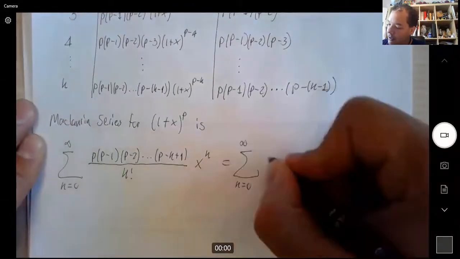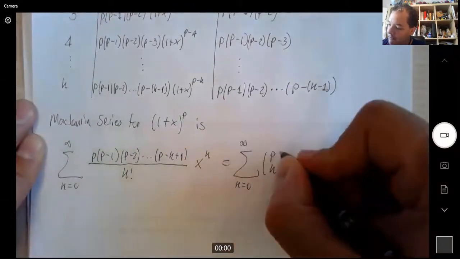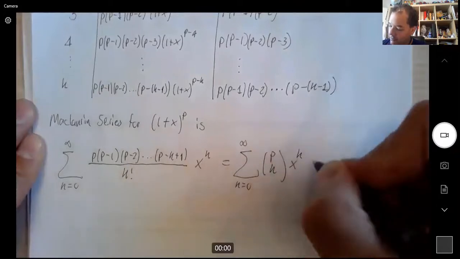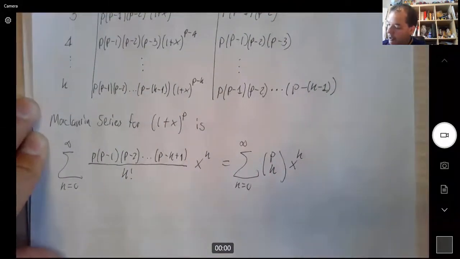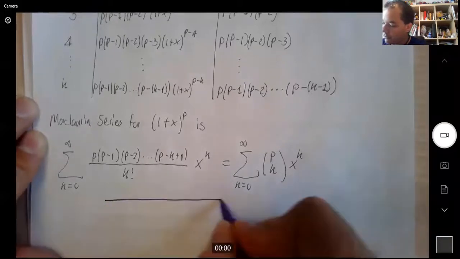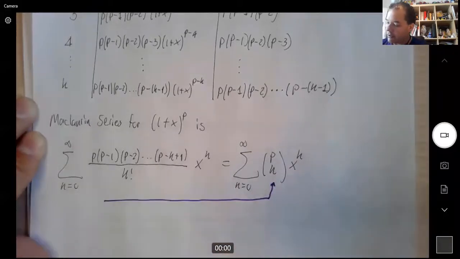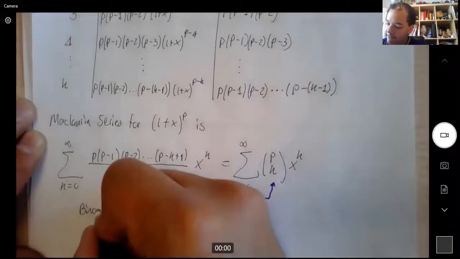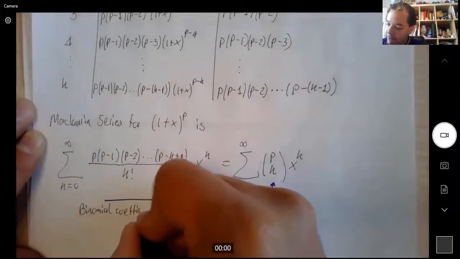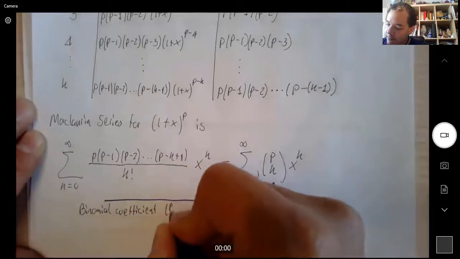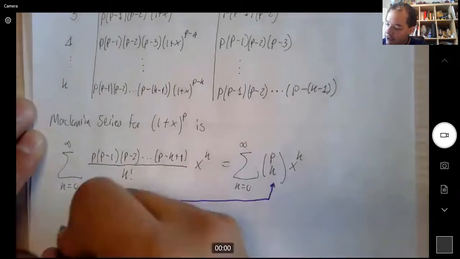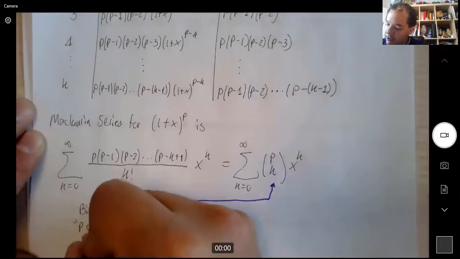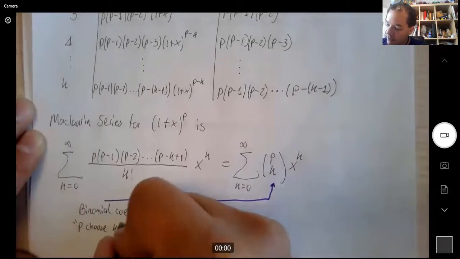We can write it as p choose k, times x to the k. This is how you read this, by the way. So let me write it because that's important. This number over here is the binomial coefficient, written p over k, and you read it as p choose k.